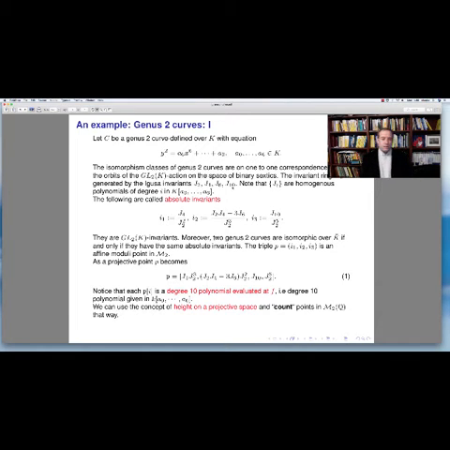A point in the affine moduli space will be a point of these absolute invariants. Now, if you want to consider this as a projective point, you have to multiply this point by the constant J2 to the fifth, and that makes it a projective point, which looks like this. Here is what we want to do: compute the heights of such points.